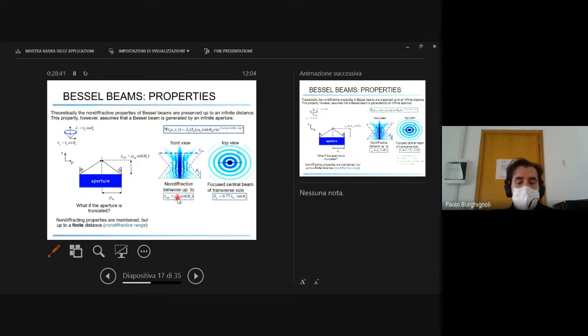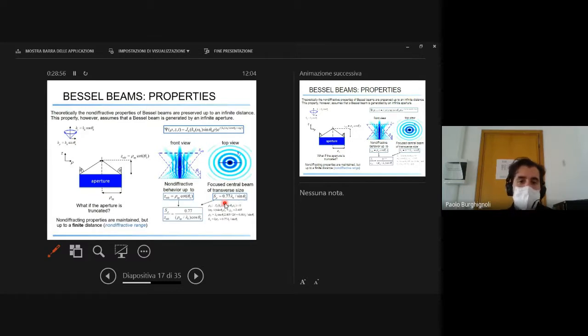Another interesting property of Bessel beams is that this angle, called the axicon angle, is also associated to the transverse spot size of the Bessel beam by this relation here.